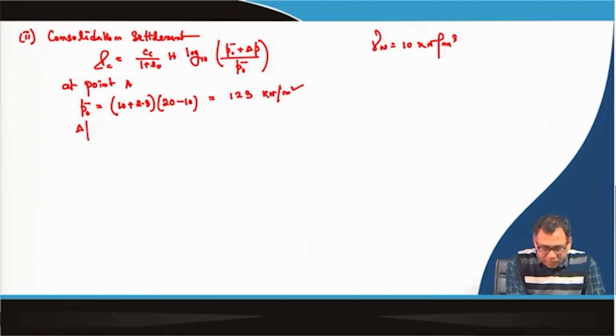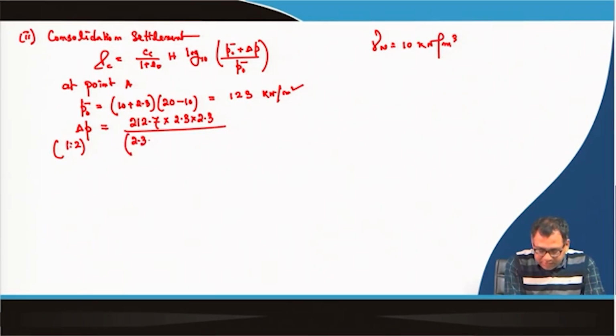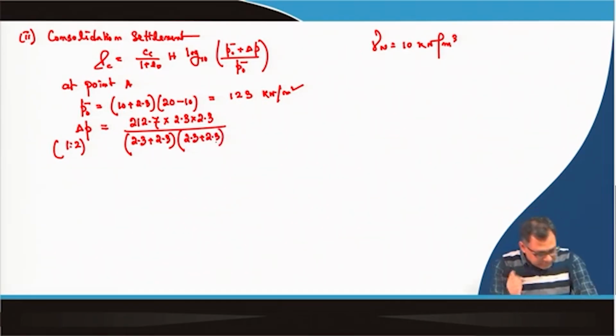Then we consider 1:2 distribution, which I have already discussed: 212.7 into 2.3 into 2.3, divided by 2.3 plus 2.3 squared. So, it will give you 53.2 kilonewton per meter square.